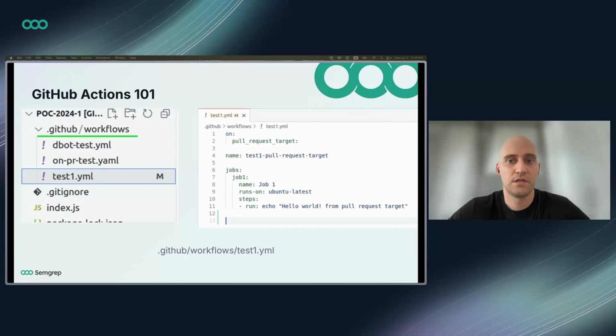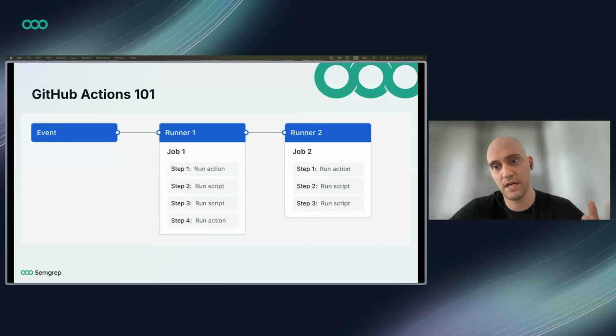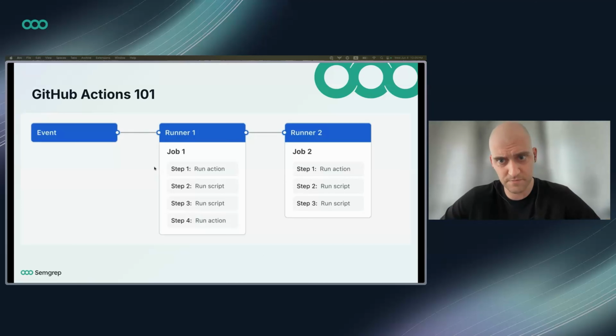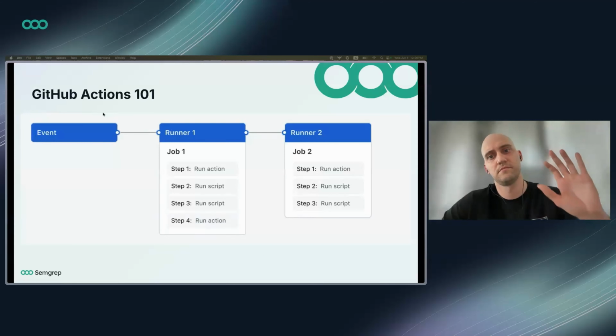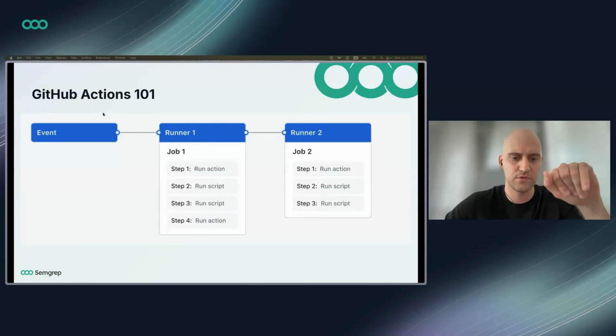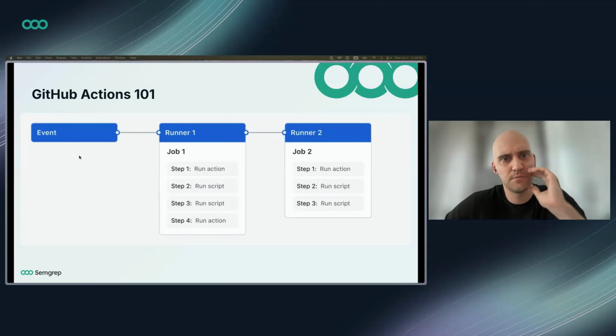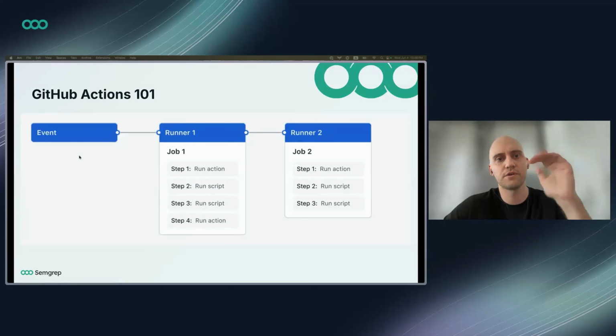What's inside? On a higher level, we can look at it this way. Every single workflow is triggered by an event. Such events can be a pull request, maybe a comment on the pull request, on the issue, fork, cron schedule, etc. There is a big list of events that can trigger a workflow. When the workflow is triggered, we have runners.